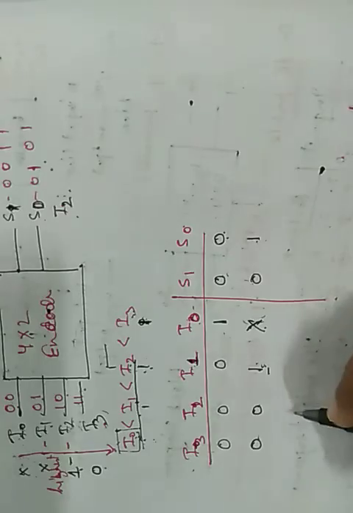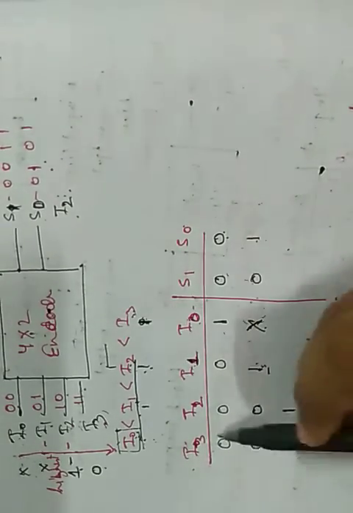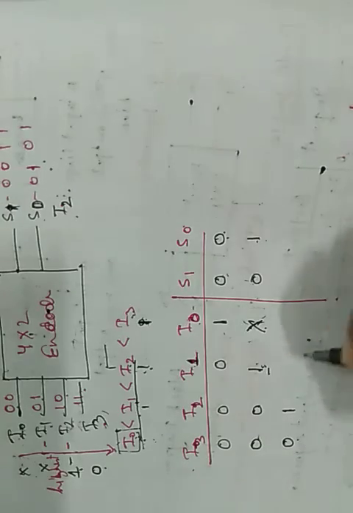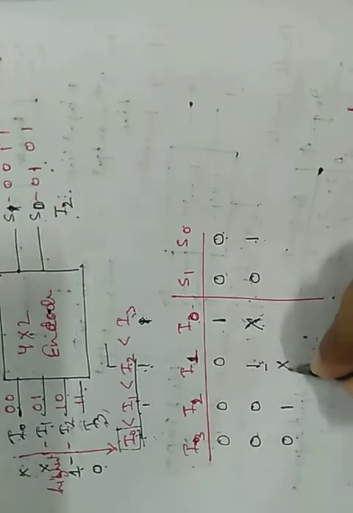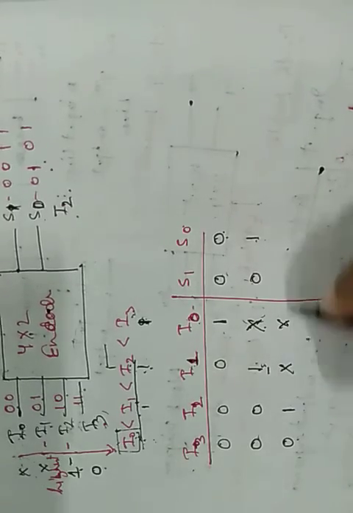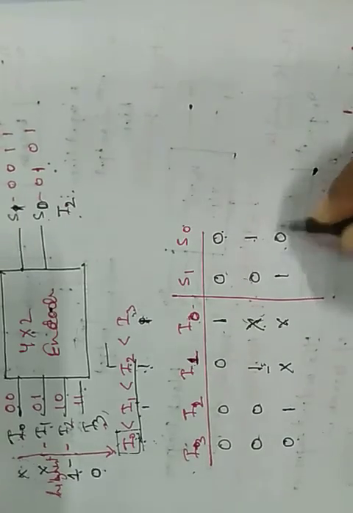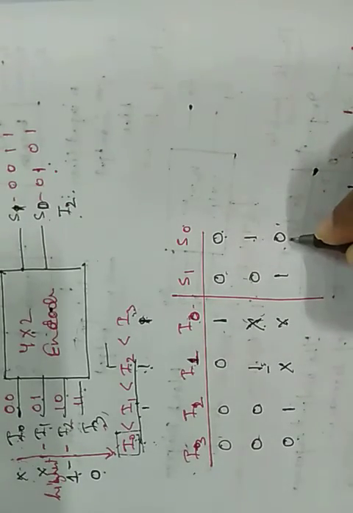If I2 is 1, the highest priority value I3 must be 0, and then for all its lower priority values, whatever the value, the output will not change. Then we get the output value of I2 in our output line.